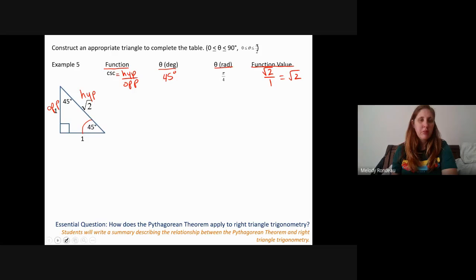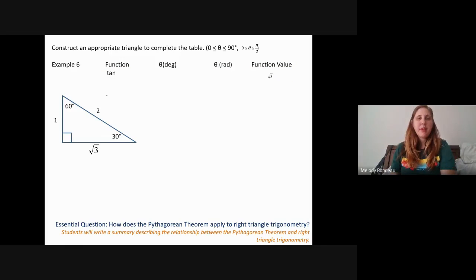All right, I think there's one more of these lovelies. Again, these are the headings of what we're finding: the function, the degrees, the radians, and then the value. And this one, we're told we're using tangent, which hopefully we remember is opposite over adjacent. And then we're given the function value.